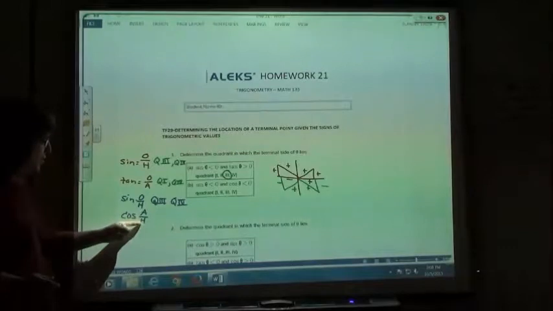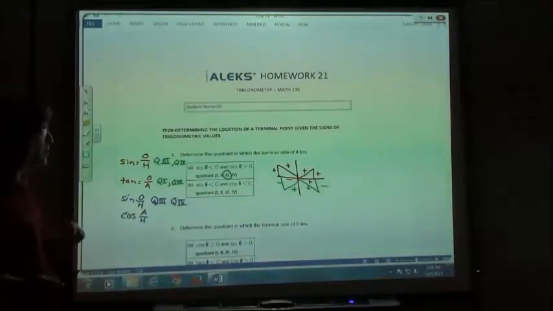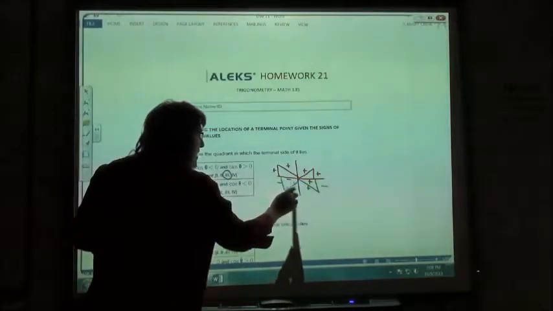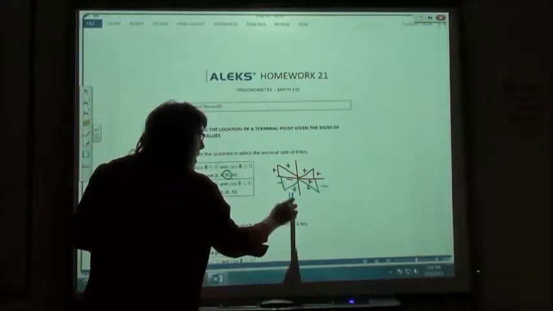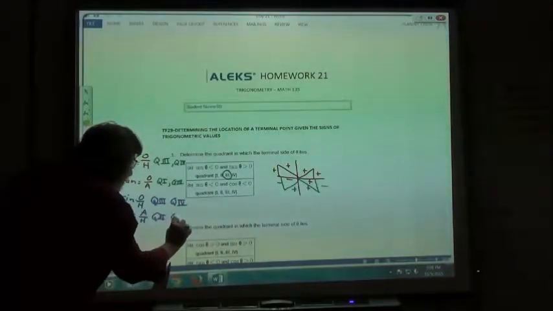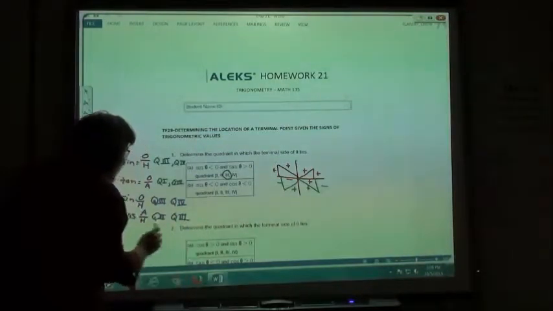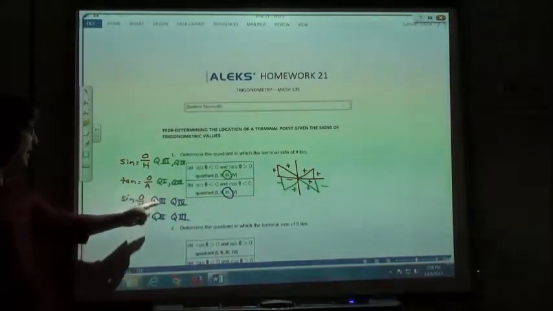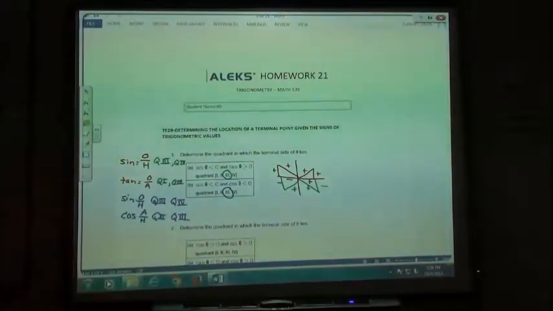So since my hypotenuse is always positive, I want the ones with the adjacent side that's negative. My adjacent side that's negative is going to be in quadrant 2 and in quadrant 3. And so again, we got quadrant 3, where the sine is negative and the cosine is also negative. And so both of those on A and B ended up giving me quadrant 3.